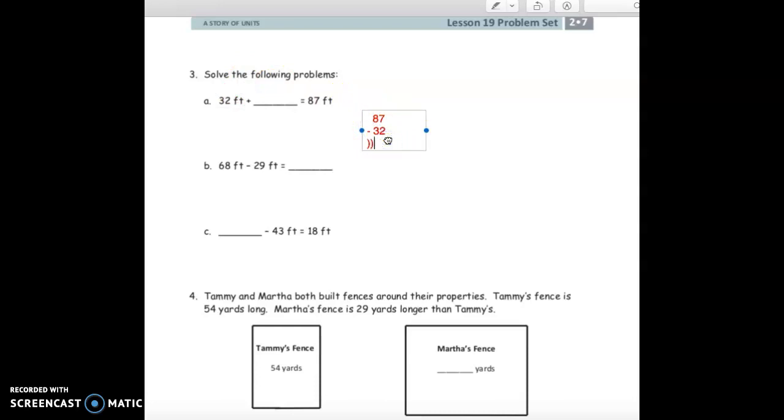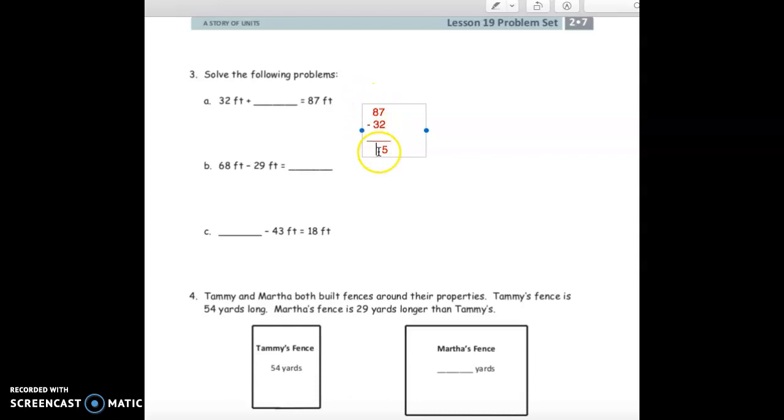So let's go ahead and look at this. 87 minus 32. Well, when I look at my ones place, I can see that I can subtract 7 minus 2 because 7's a bigger number. So in my head, 7 minus 2, counting back 2, 6, 5. So in my ones place, I'm going to have a 5.